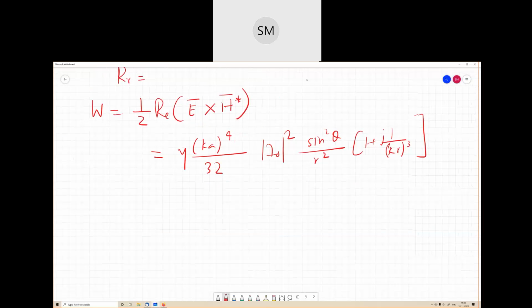The radiated power P_rad will be W integrated over a sphere, dS.